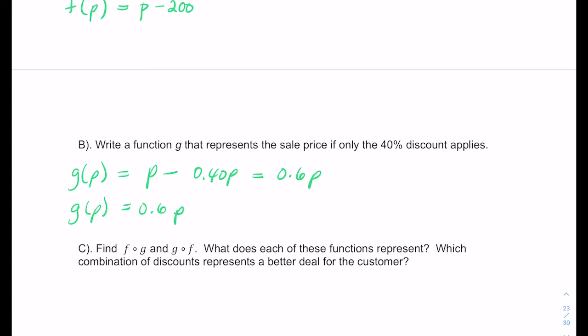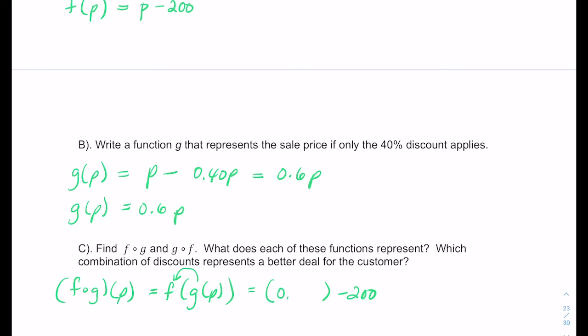So if I find f composed with g first, that's really just f of g of p. So I'm taking g of p and plugging it into f. Okay, so g of p is 0.6p, and I'm plugging that into f. So f is p minus 200, and I'm plugging g of p in for p.